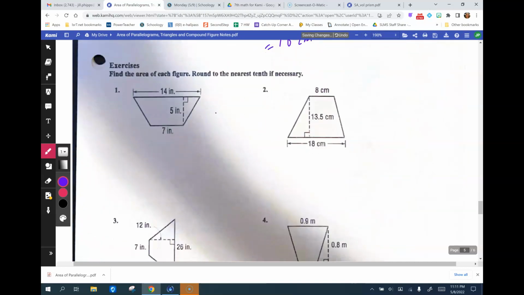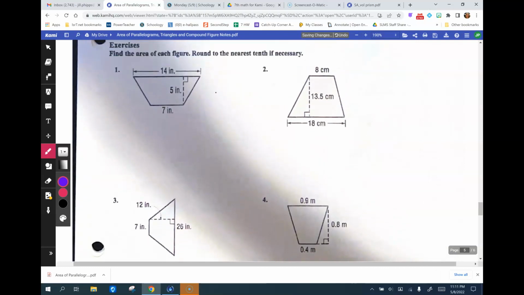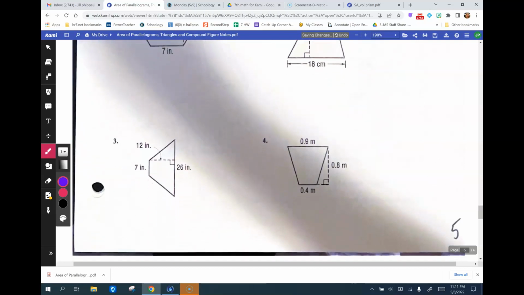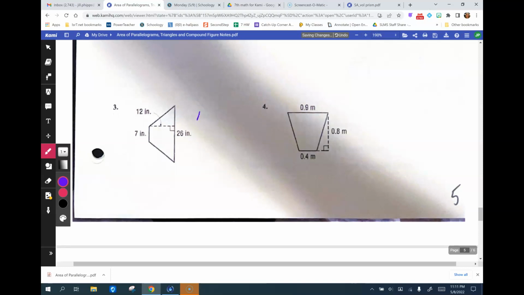Okay? So if you're in class right now, I'd have you pick one to see which one we would do. Let's do number 3. So area of a trapezoid, 1/2 height times base 1 plus base 2. So we get 1/2 times the height. Look at your height. Even though it's a height, it can lay on its side because the whole trapezoid is. So your height is 12. But notice it's that dashed line, but more importantly, it comes perpendicular to the base.